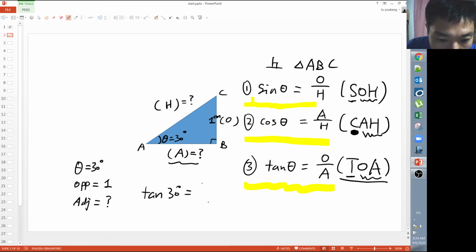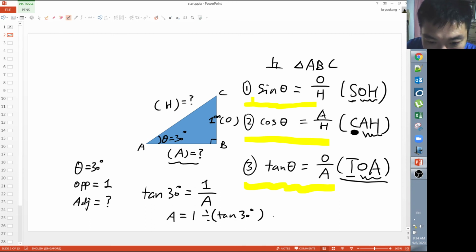Rule number 3 is tangent, TOA: tangent of your angle is equal to the ratio between O and A. Your O is 1 and your A is unknown. So how do you find your A? Just solve this. You should get 1 divided by tangent 30 degrees. Go to your calculator. I'm using my calculator right now. Find 1 divided by tangent 30. You're supposed to get square root 3.